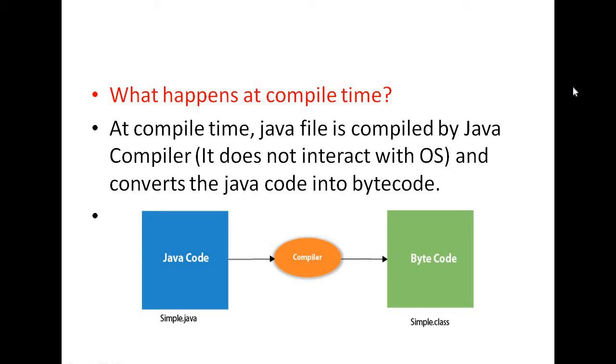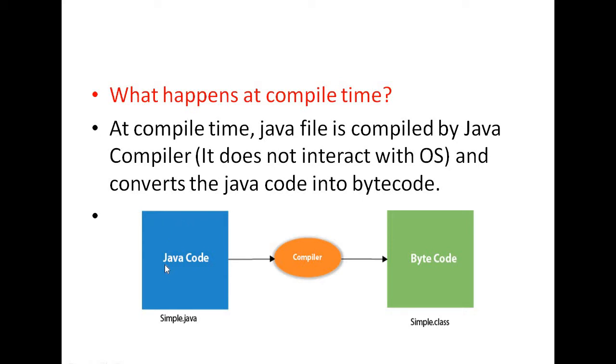Whenever we write a Java program, that program is saved with the .java extension. Let us consider I am writing a Java program named simple, and it is saved with the extension .java. So my program name is simple.java, and this is called my source code.